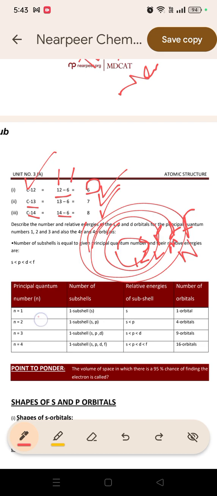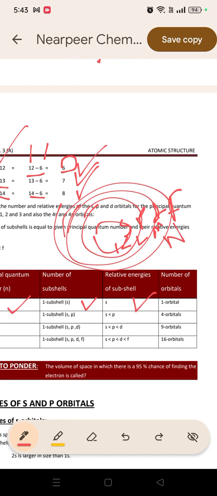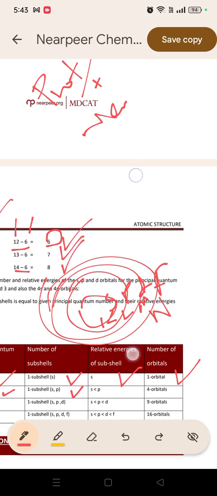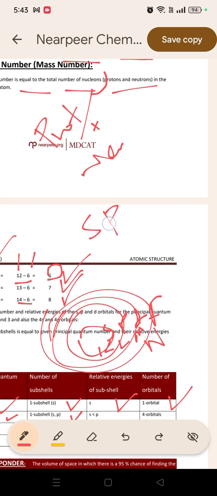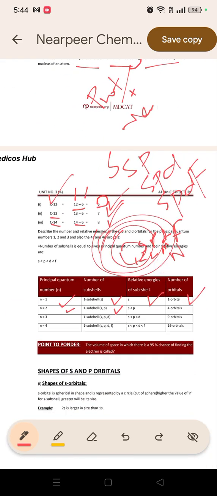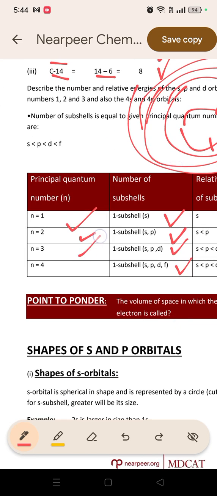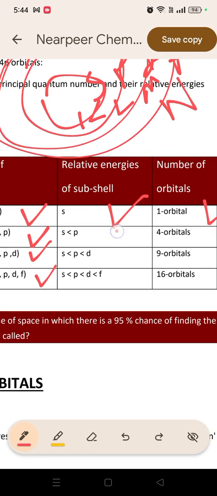For n equals 1, the number of subshells is 1, the subshell is s, and the number of orbitals is 1. For 2, the subshells become s and p. For 3 you write s, p, d, and for 4 you write s, p, d, f. So s is less than p, less than d, less than f in energy.